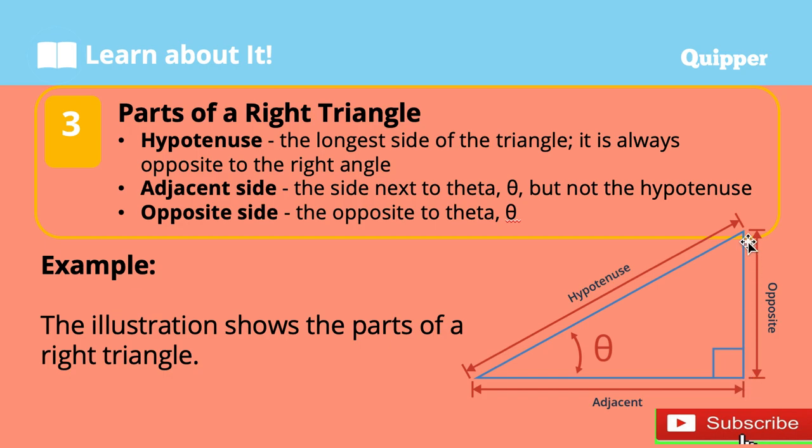If our angle theta is in here, or the focus or the viewpoint is in here, therefore this side must be the opposite, and this will be the adjacent side. So we have to look at who is the focus by determining where the angle theta is.